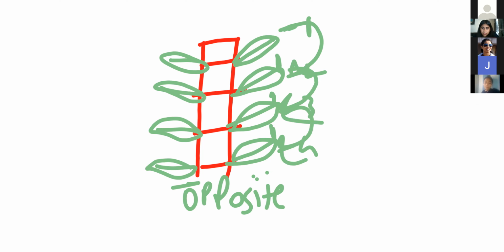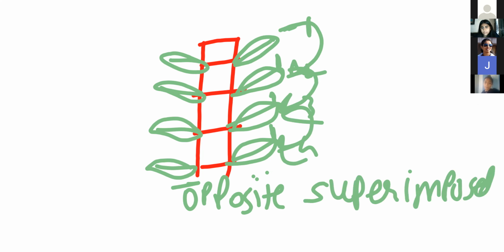Okay. So this type of phyllotaxy we call opposite superimposed. ये नीट में आता है. Superimposed meaning what? Overlapping.